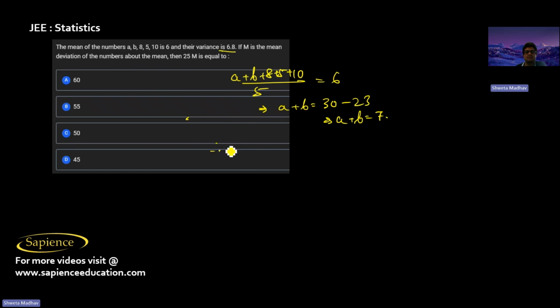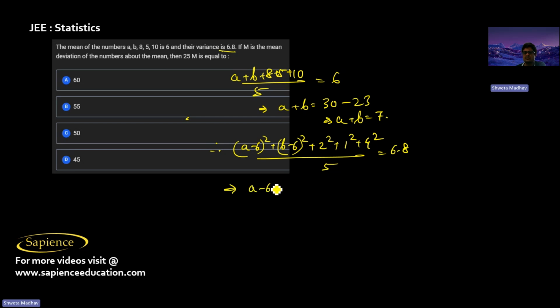So therefore I can say that (a minus 6) whole square plus (b minus 6) whole square plus (8 minus 6), that is 2 square, plus (3 minus 6) square, plus 4 square, divided by 5, is equal to 6.8.